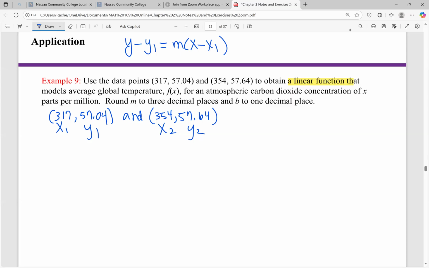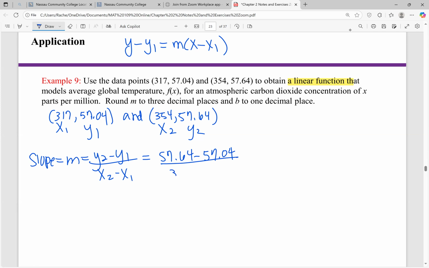We weren't told the slope straight out, but we were given 2 points. So the first thing we have to do is calculate the slope. We can use y2 minus y1 over x2 minus x1. So we take 57.64 minus 57.04, and divide that by 354 minus 317.